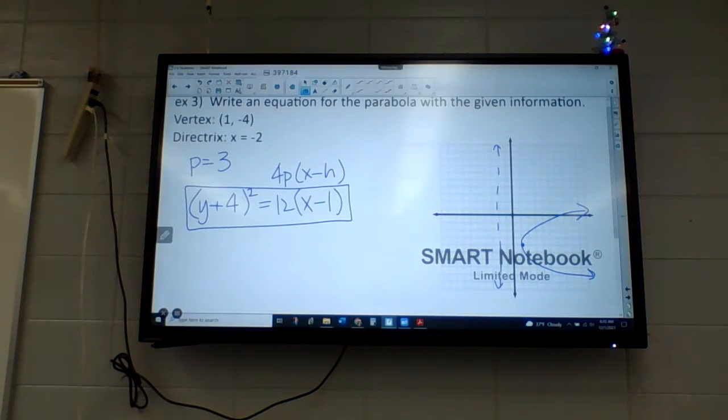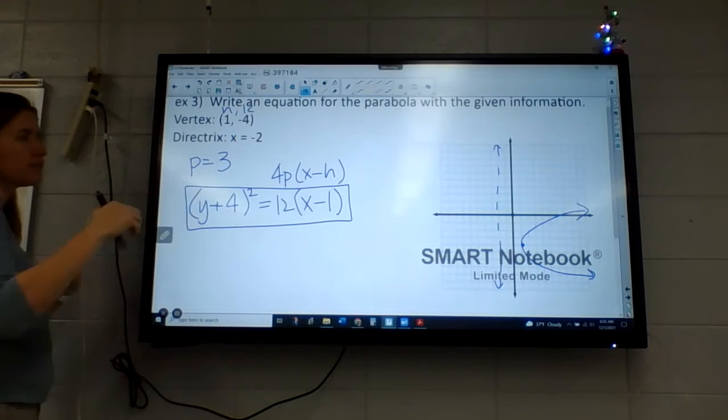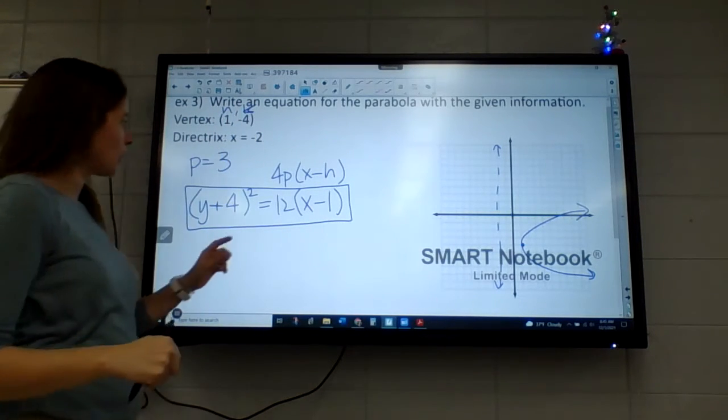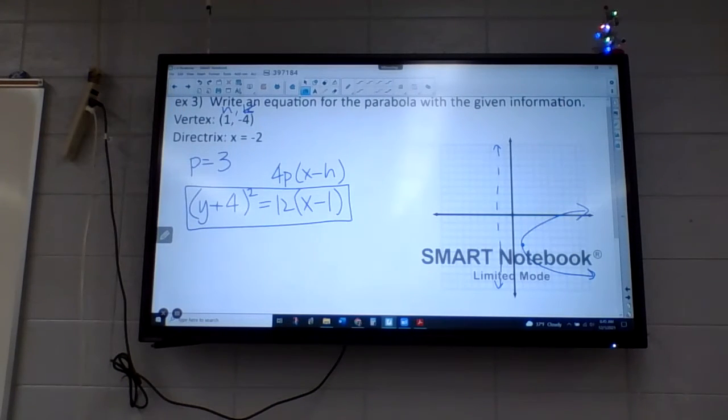So it's just kind of putting things in. They give me my h and k. We have to figure out which direction this is going, and since the y is being squared, it's positive, you're able to come up with that. And again, you could do it without the graph, but it'd be a pain.